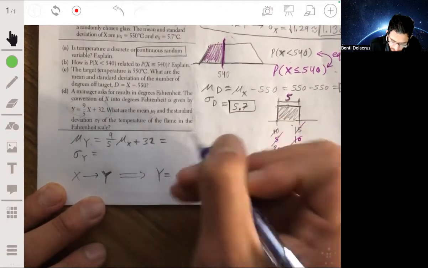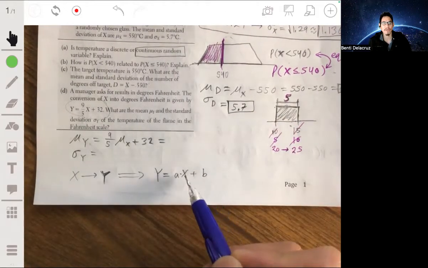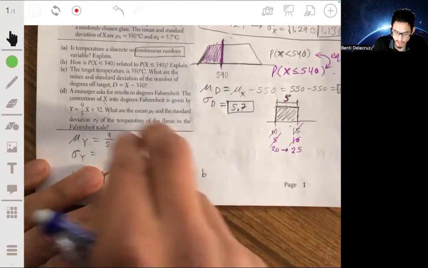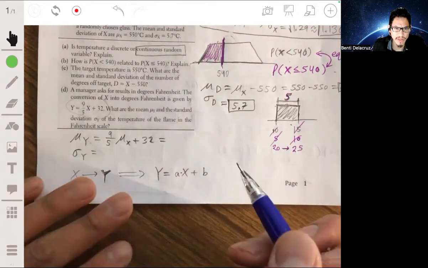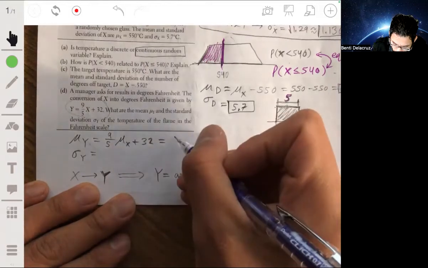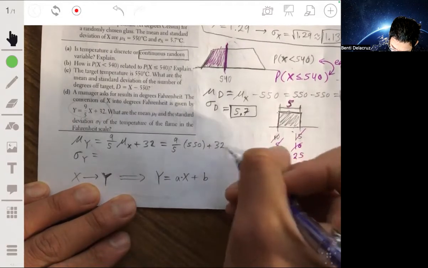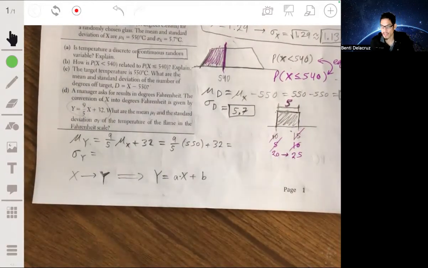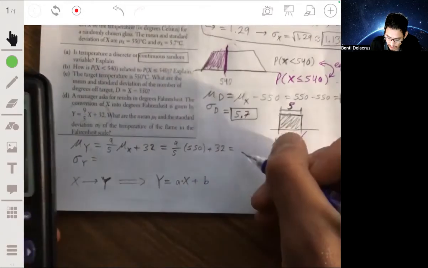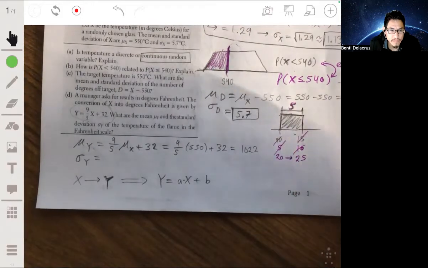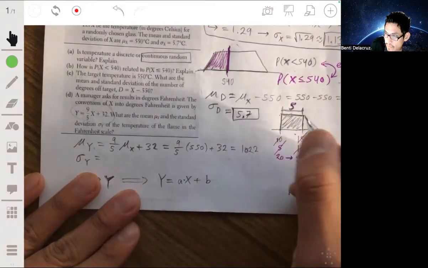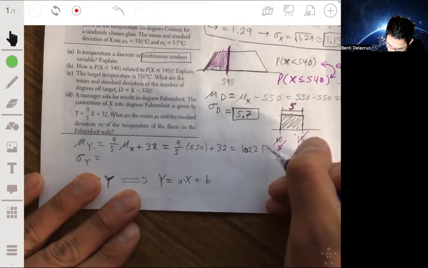For means, you multiply and add those same values correspondingly. So it'll be 9/5 times 550 plus 32. You'll get 1,022. So the mean of y would be 1,022 degrees Fahrenheit.